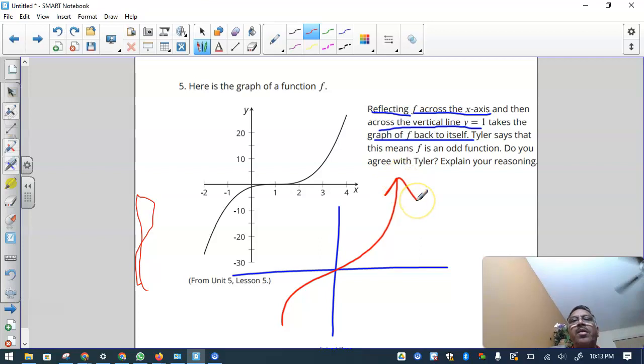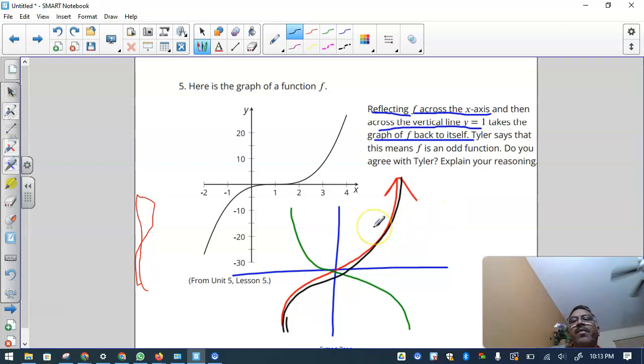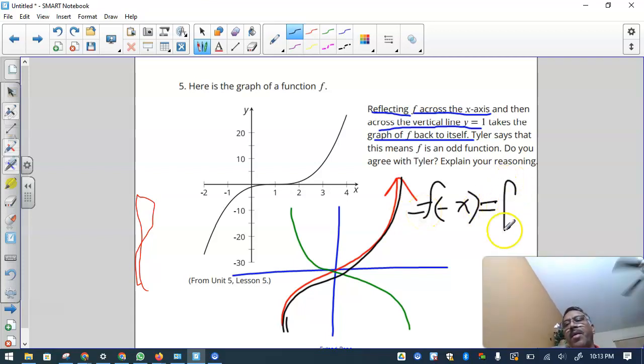First you reflect this graph over the y-axis, and then you reflect over the x-axis, and then it goes back onto the red one. So that's what an odd function is. f of minus x means reflecting over the y-axis, and then you change the output, and if you do this and get back your original function f of x, that's an odd function.